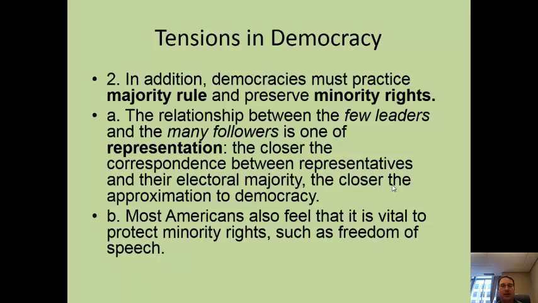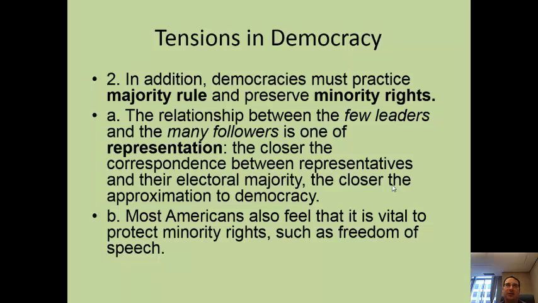Representation, right? The closer that your representative in Congress or the state legislature matches their constituency, the people that they represent, the closer that we are to a democracy.